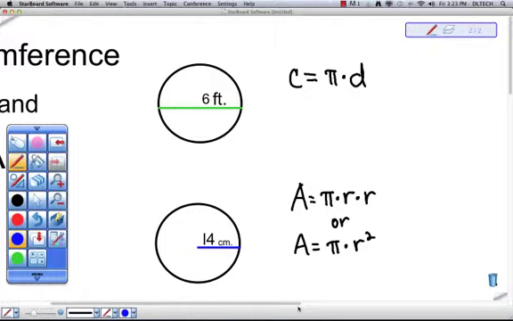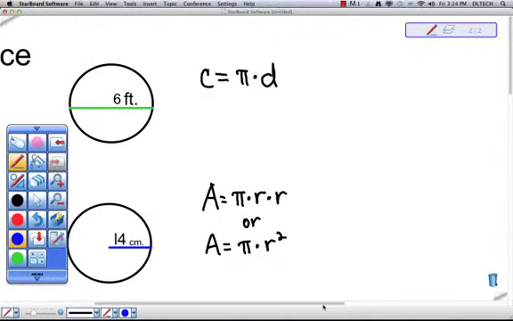So we're given pi times the diameter as the formula. Circumference equals pi, which is 3.14, or 22/7, times the diameter. What we're going to do is plug in the numbers that they're giving us. So equals 3.14 times 6.